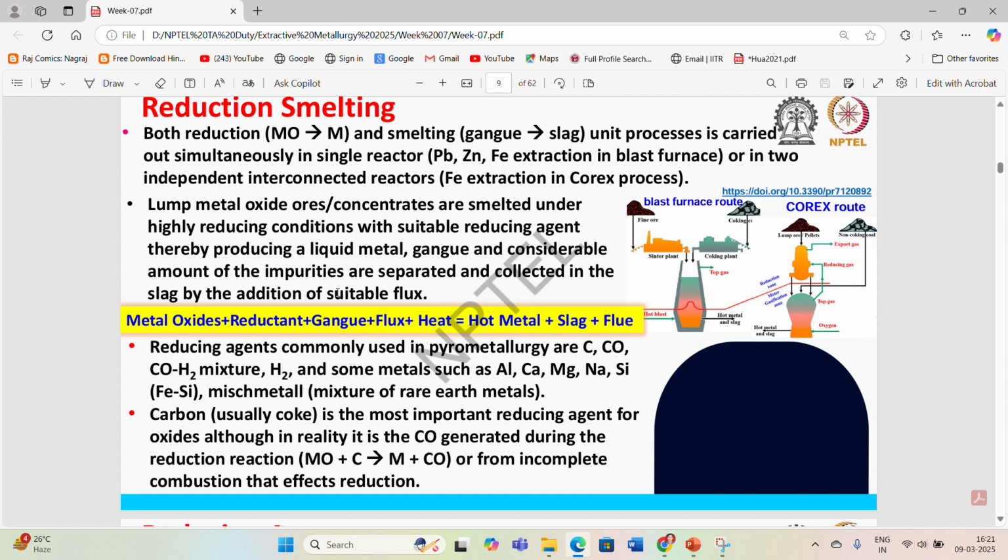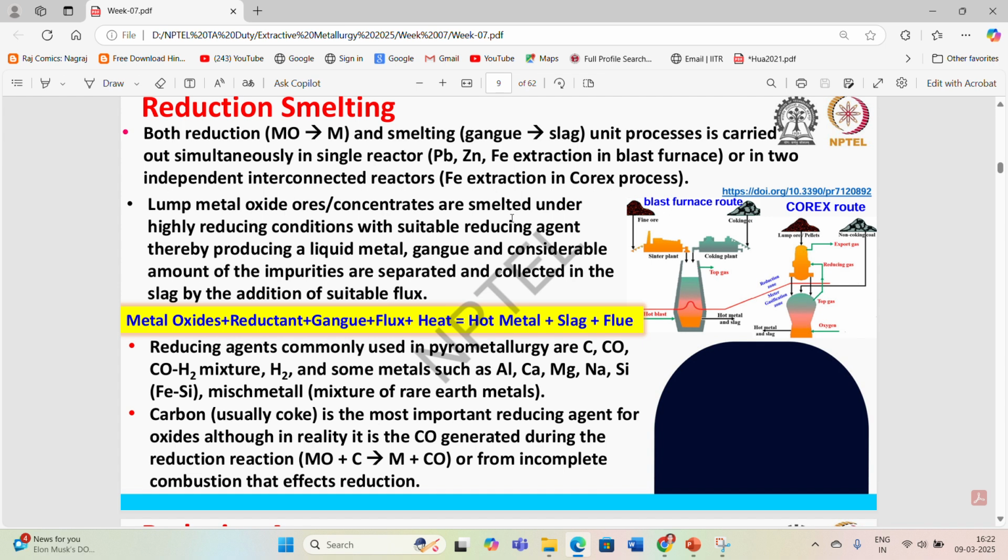Both reduction and smelting unit processes are carried out simultaneously in a single reactor in case of lead, zinc, and iron extraction in blast furnaces, or in two independent interconnected reactors, a common example being the Corex process. So we go for the reduction process in one reactor, then the smelting process in the second reactor.